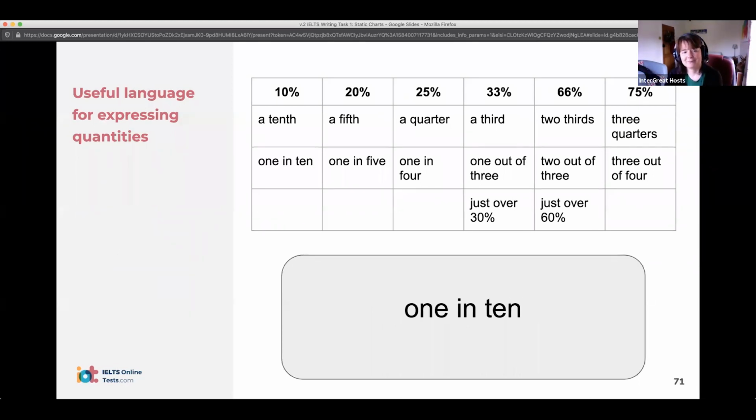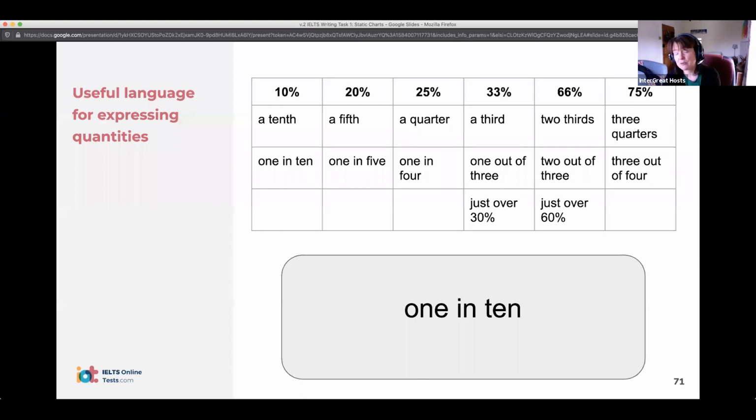Yes, okay, very good. So you don't have to put everything as fractions, but if it's very close to an obvious fraction, like a quarter or a fifth, then it's really good to use fractions rather than just always using the percentages, okay?